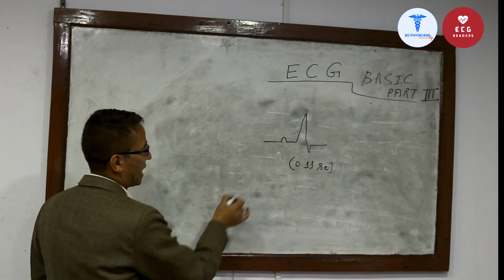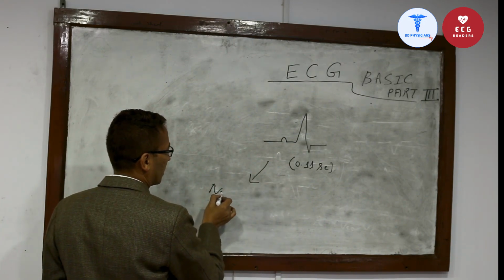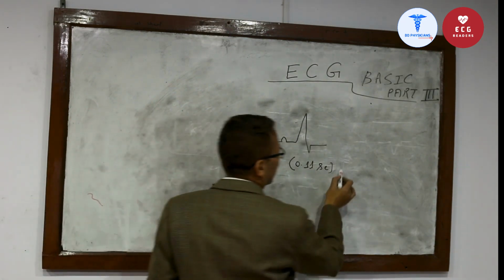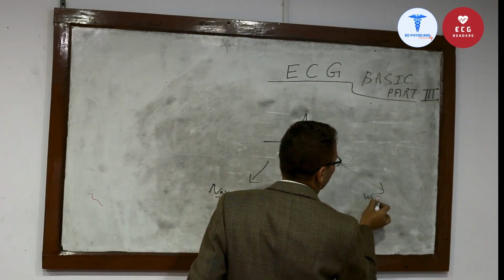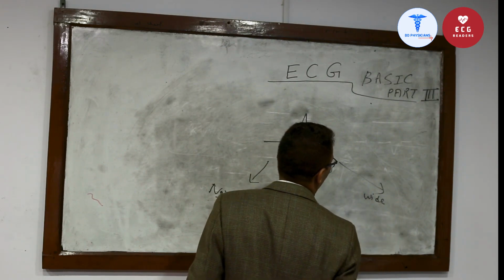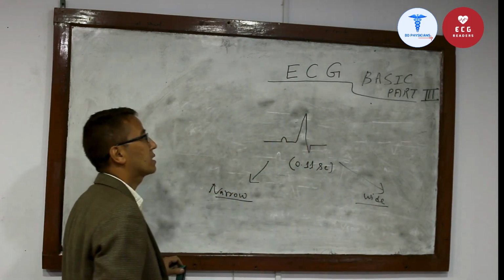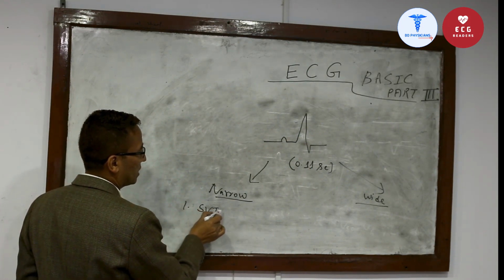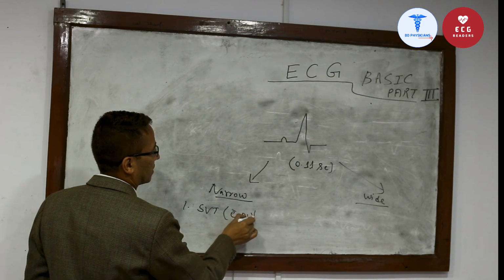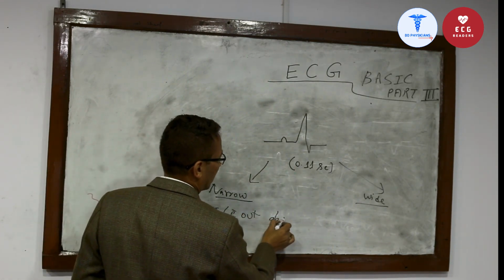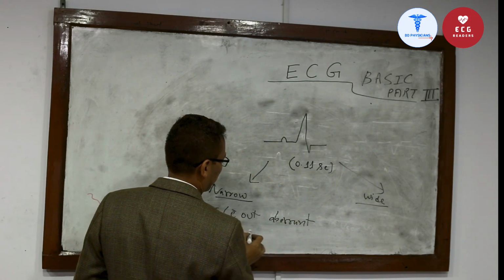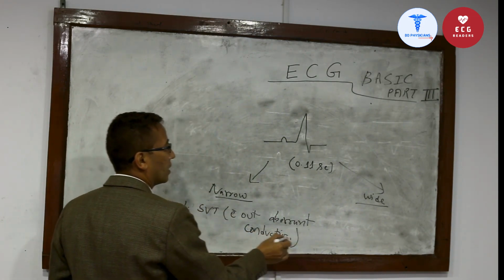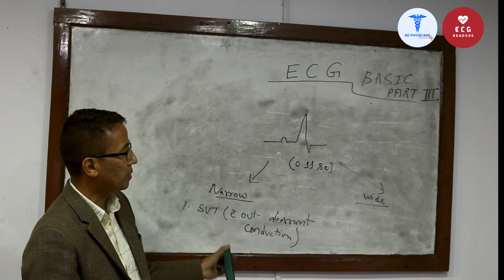Sometimes the QRS complex is narrow, and sometimes it is wide, if it is more than 0.11 second.